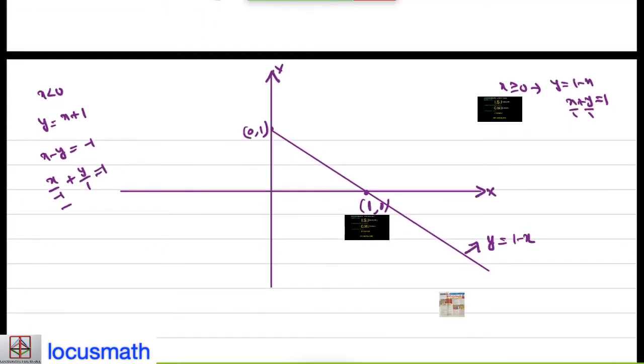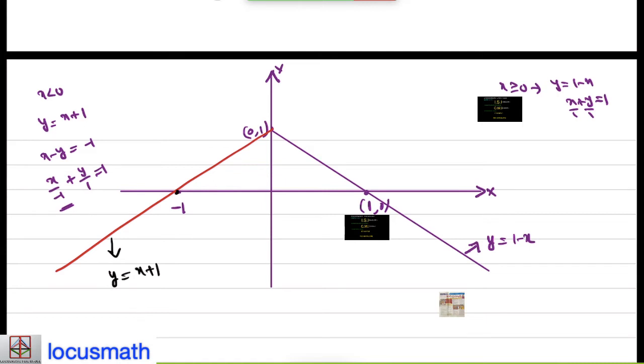For x less than 0, that is this side, the line is x by minus 1 plus y by 1 equal to 1. That is this complete line. So this is y is equal to x plus 1.